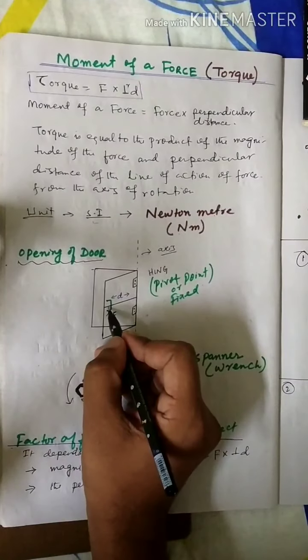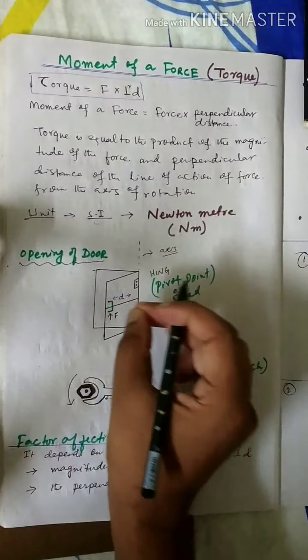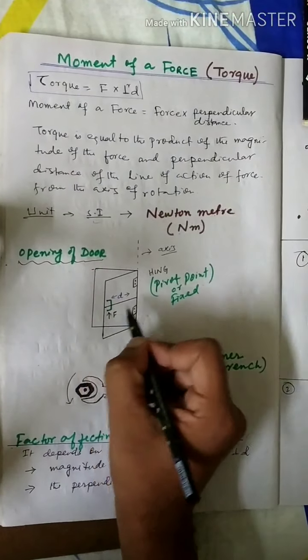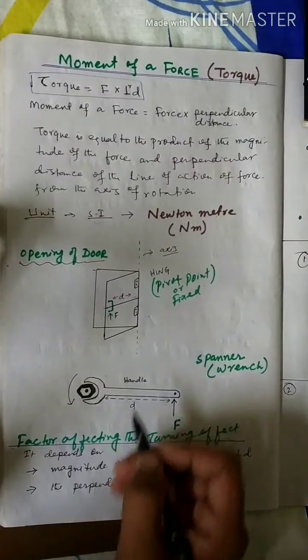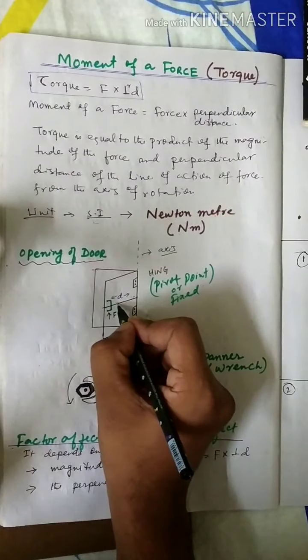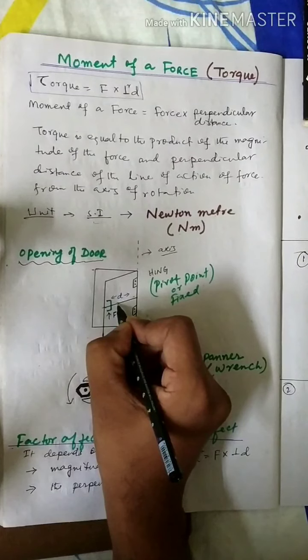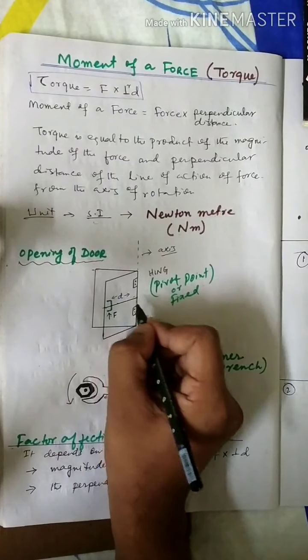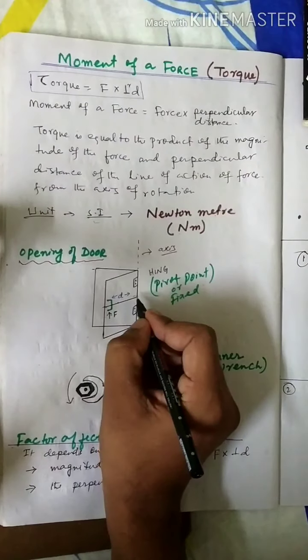If you apply force here, then this door will open. This is the force, and this distance is called the perpendicular distance. If this distance is less, then we need more force. If you apply force here, the door will not open.